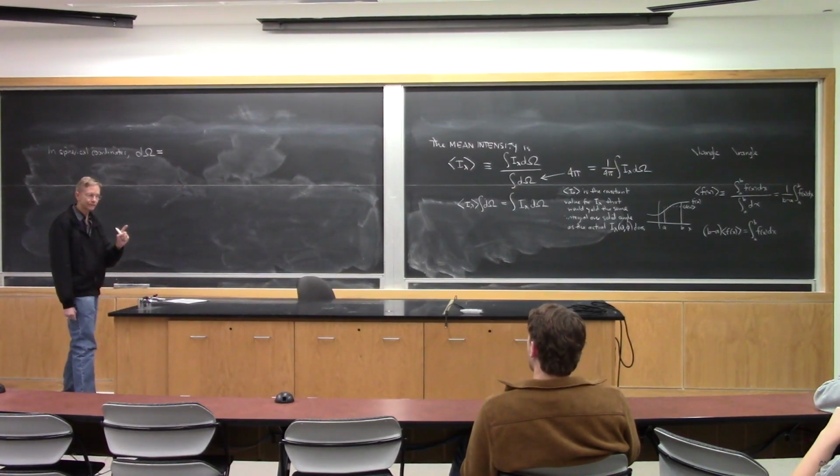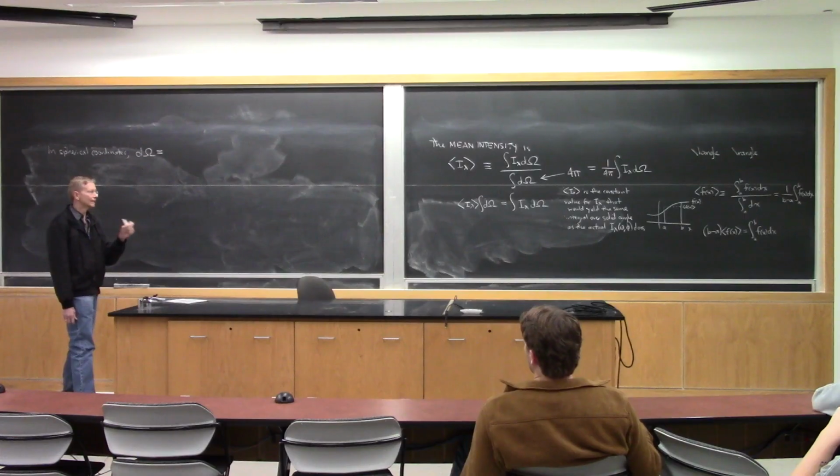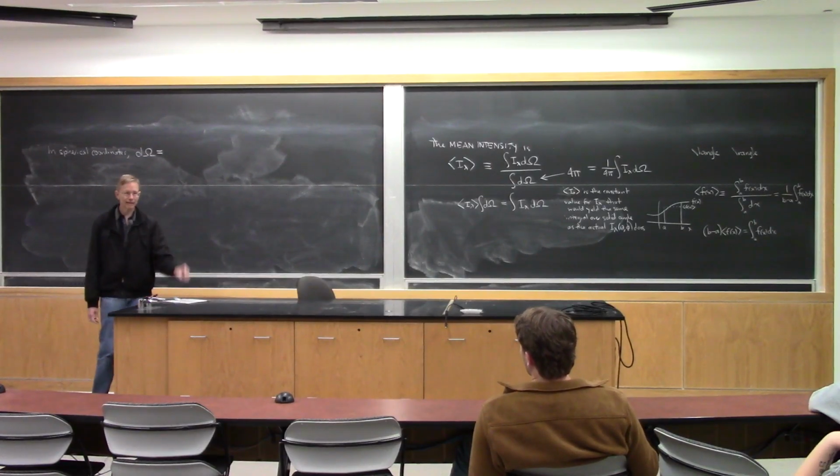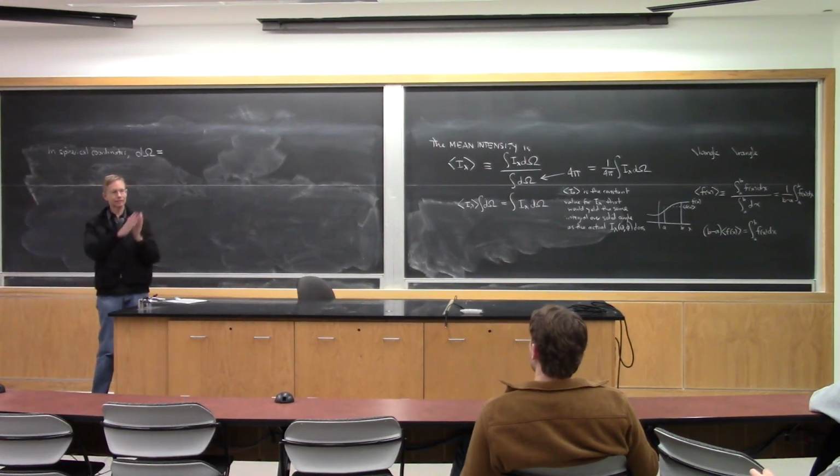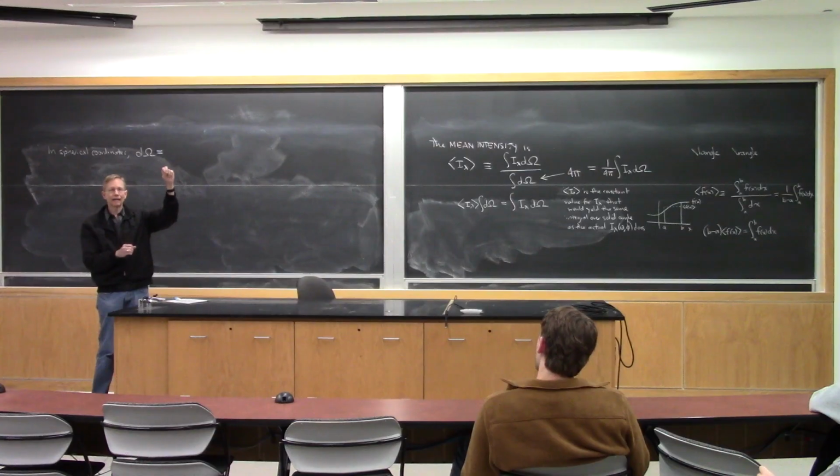So you're on the right track. If I have a little area patch on a sphere that defines my solid angle cone, it slices that little area off the sphere, then remember, yes, d omega is dA over r squared, where r is the radius of the sphere. And in spherical coordinates, what's our expression for dA in terms of r and theta and phi?